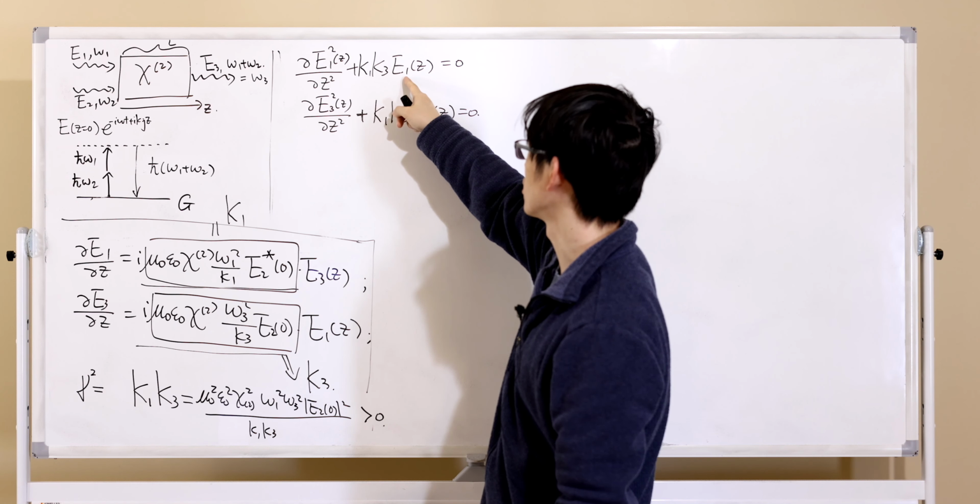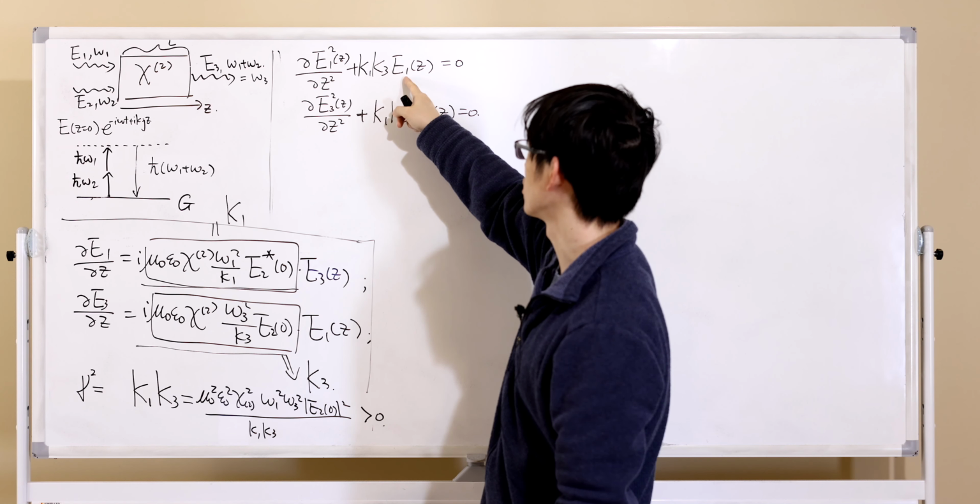You have minus gamma A1 sine gamma z plus B1 gamma cosine gamma z. And this whole thing at z equals 0: cosine term equals 1, sine term equals 0. You arrive at B1 gamma equals 0, meaning B1 is 0.